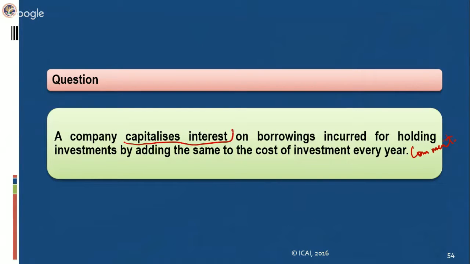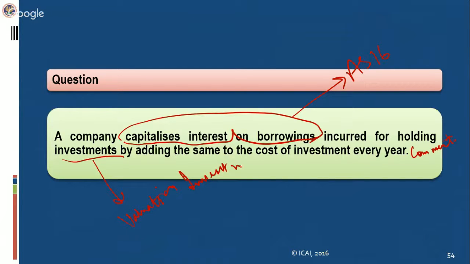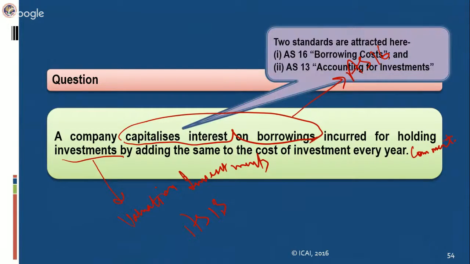Capitalization of interest on borrowings has been covered in AS 16. And then the valuation of investment is covered in AS 13. Now two accounting standards are attracted here. This is how you can write your answer.